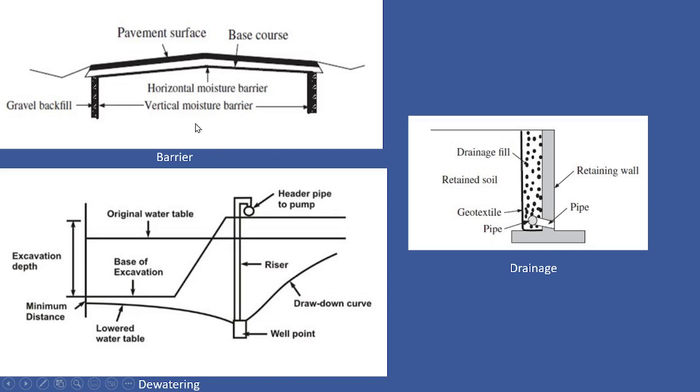You can see this in pavement or road constructions, or even in other parts where the construction size at a particular cross section is not that large. In that case you can go for these barriers.